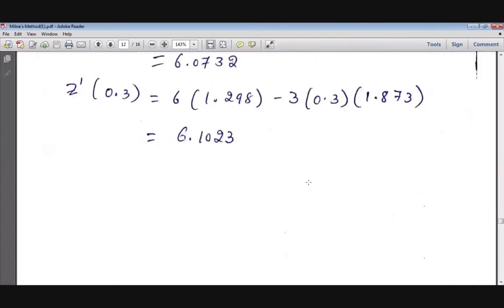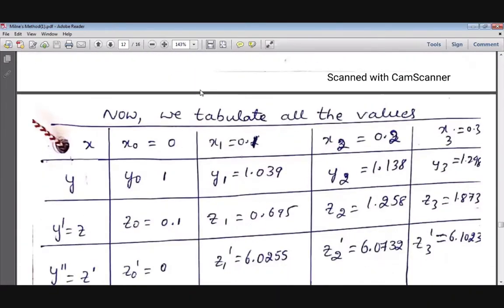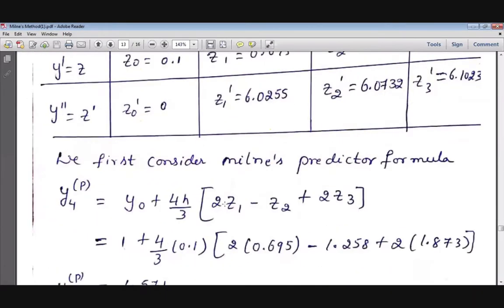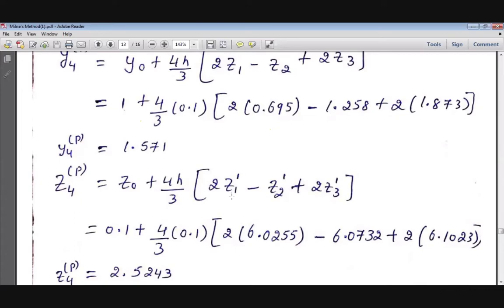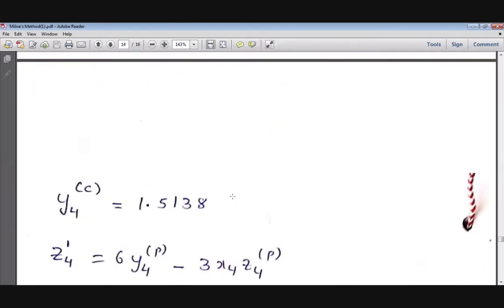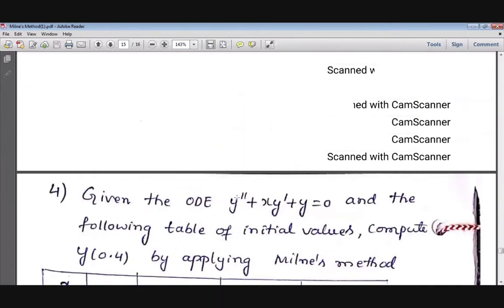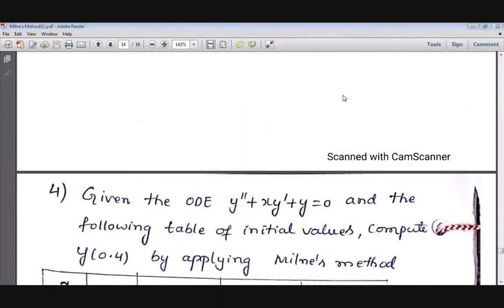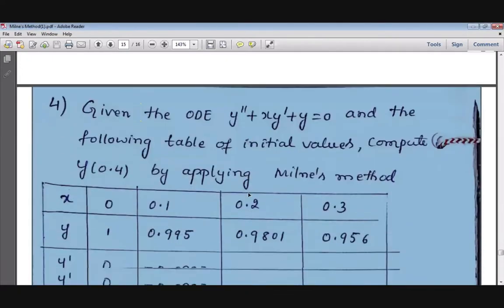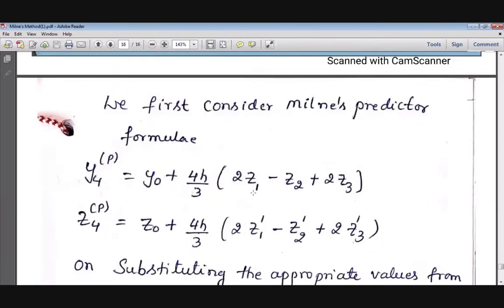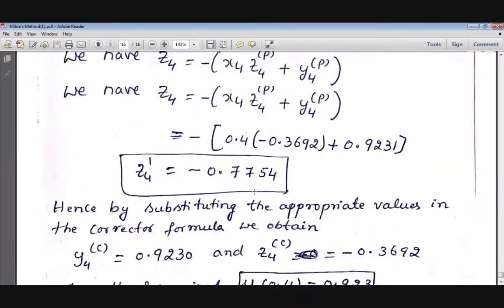and 6th. Any doubt in this method? You want me to repeat?